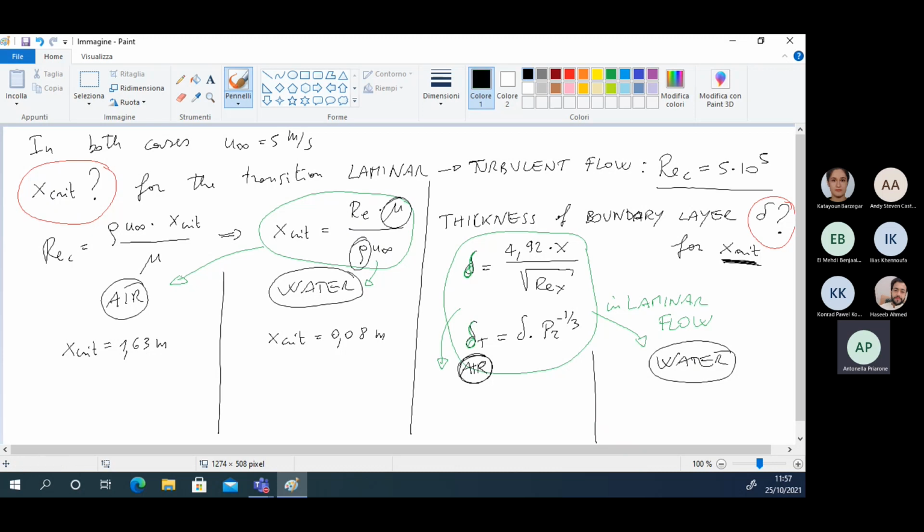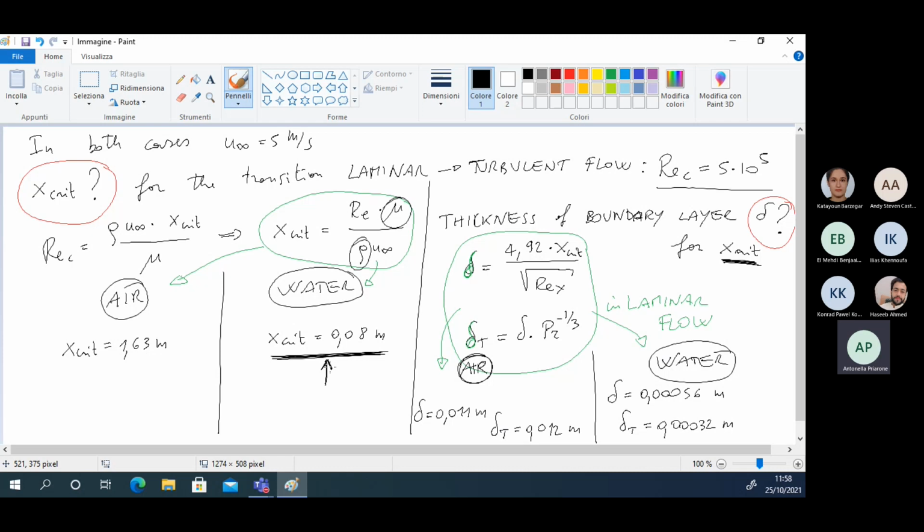Substituting the X critical, the Reynolds number inside this one and the Prandtl number inside the second, I obtain that for air delta is equal to 0.011 meter, delta T is equal to 0.012 meter, and for water, delta is equal to 0.00056 meter, delta T is equal to 0.00032 meters.